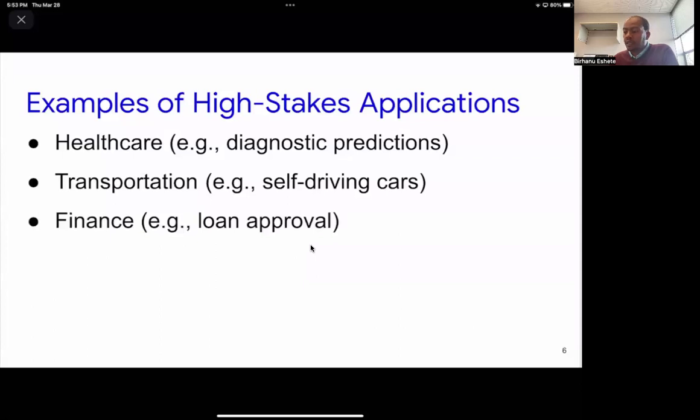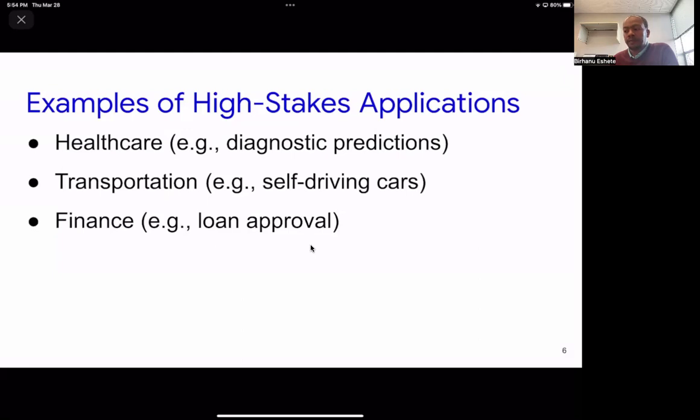In finance, this is also a very sensitive domain where decisions made by people in the sector, like loan officers or mortgage underwriters and so on, would impact people's lives. For example, it would impact whether somebody is going to get a mortgage loan or not, and getting a mortgage loan is a very important milestone in people's lives because it is highly correlated with home ownership, stability of life, and many other things, right?